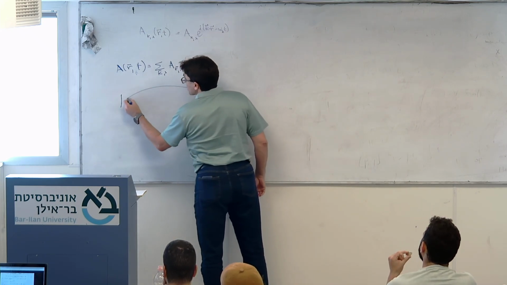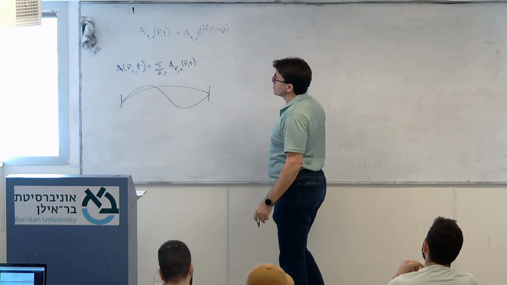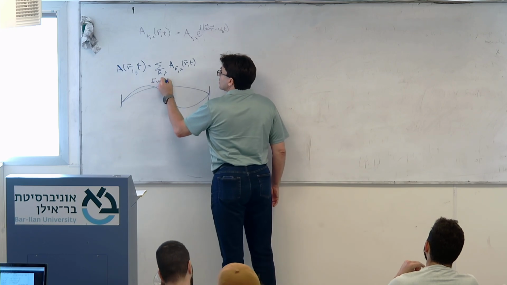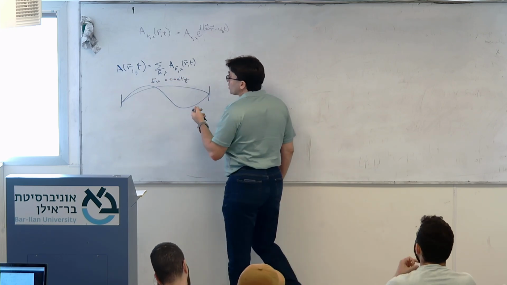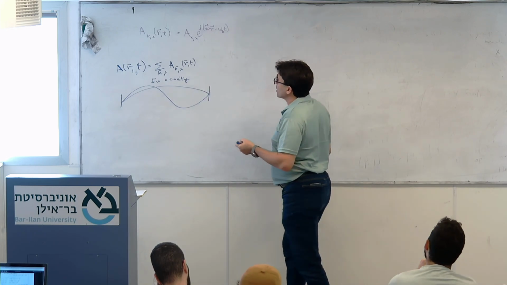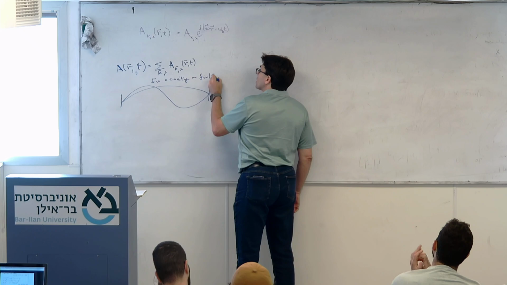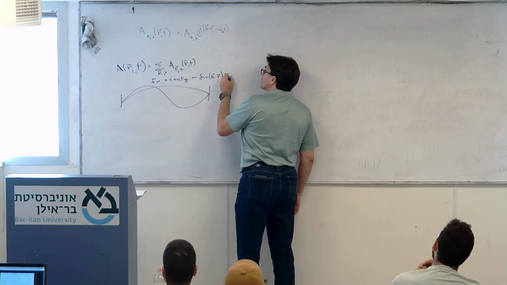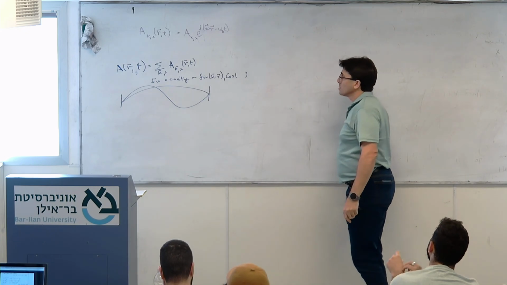They could look like sine, in a general cavity, a sine of k dot r, or cosine of the same, or some variation of it.